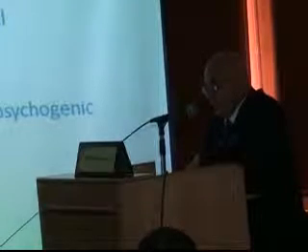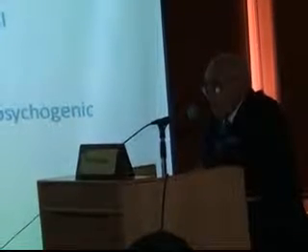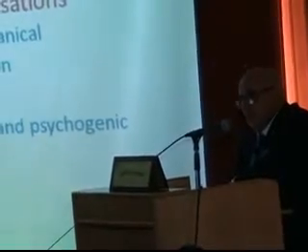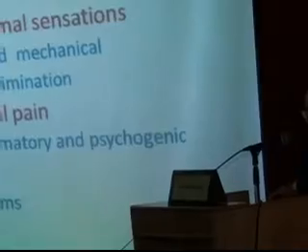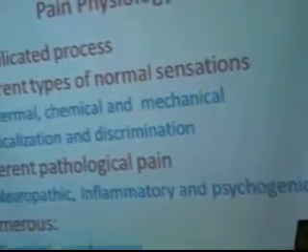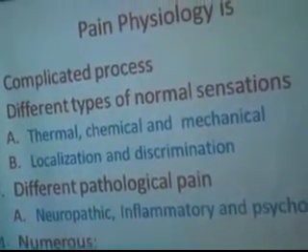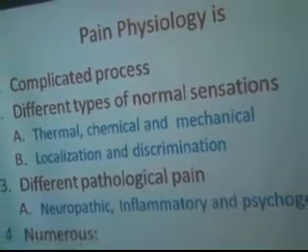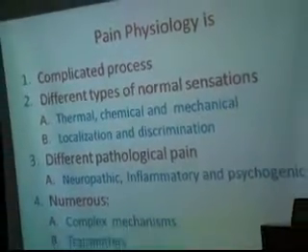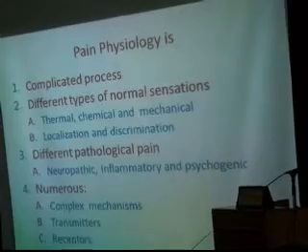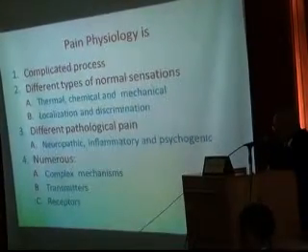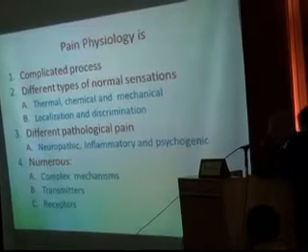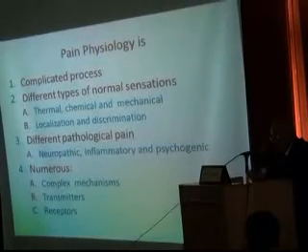So pain physiology is, as we know, a complicated process. It has different types of normal and abnormal sensations: thermal, chemical, mechanical, and localization discriminations. In the meantime, there are certain aspects of pathological pain, like neuropathic, inflammatory, and psychogenic pain.